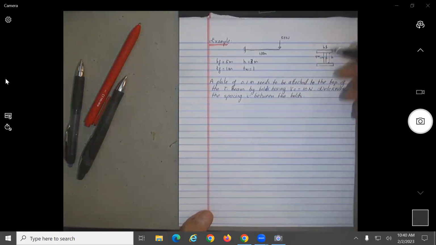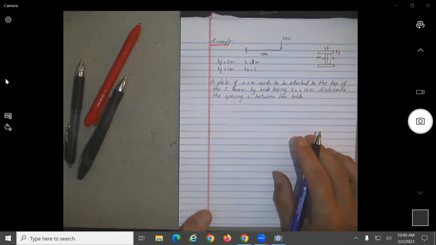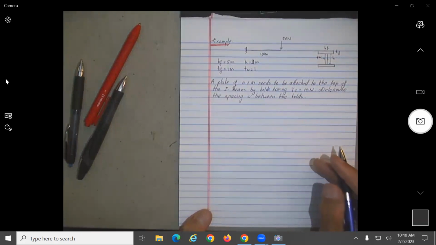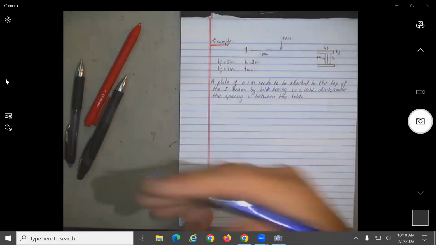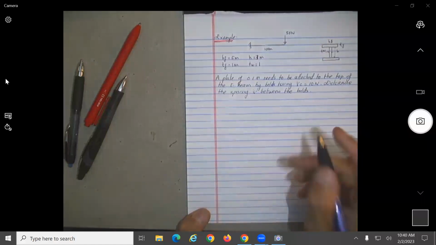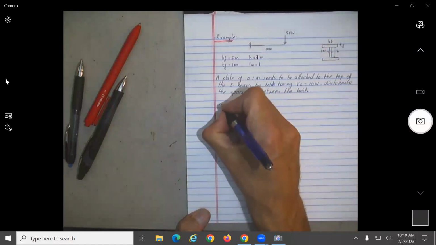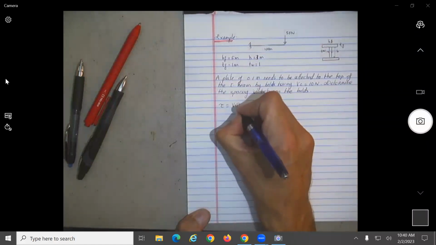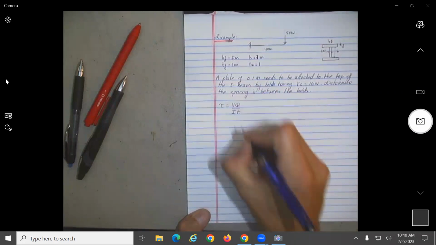Oh, that's another thing. So that's something we need to design on top. Good question. So we'll do that later on, okay? But let's first do our equation. Let's look at the equations again, and then we work a bit backwards. So the equations we have is tau equals VQ over IT.